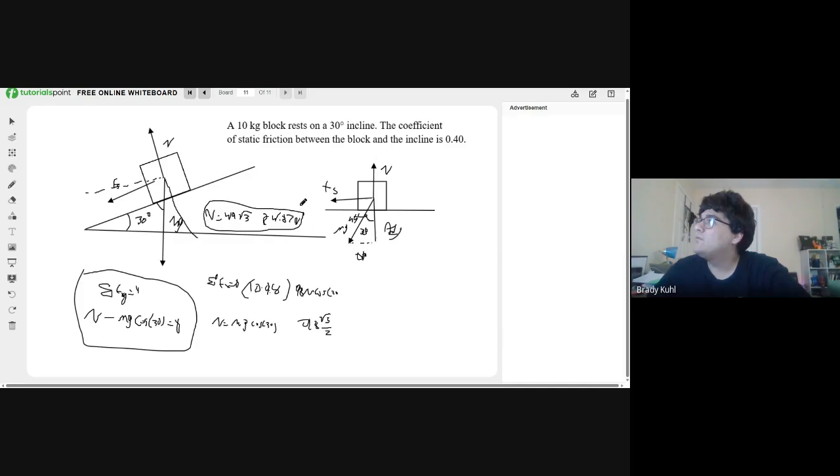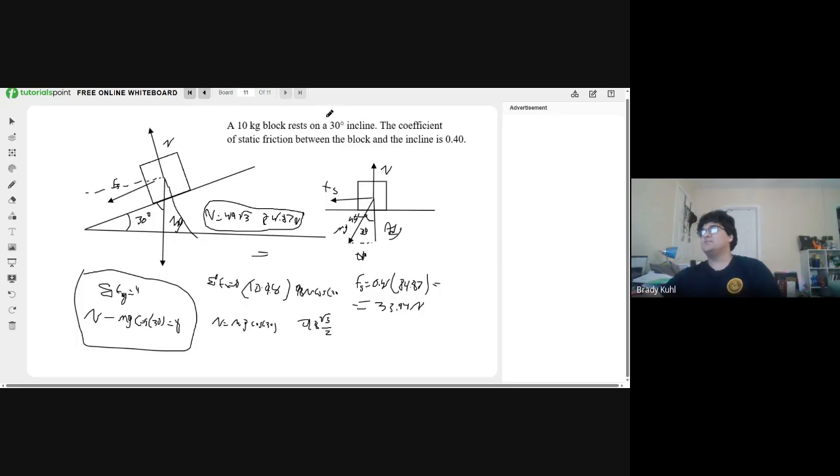Now we determine the static friction, given the coefficient of static friction between the block and the incline. So the static friction equals 0.4 times 84.87, which will be 33.94 newtons of friction force.